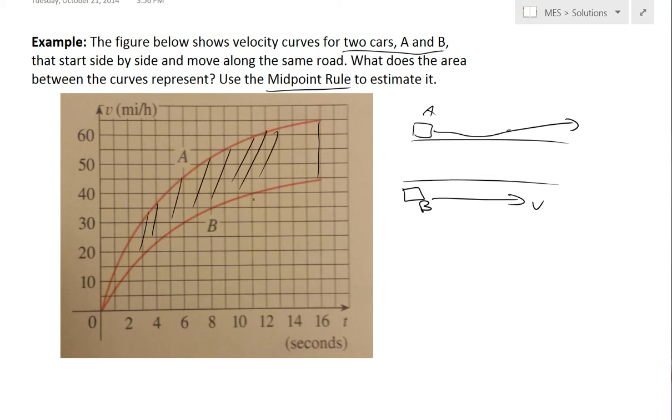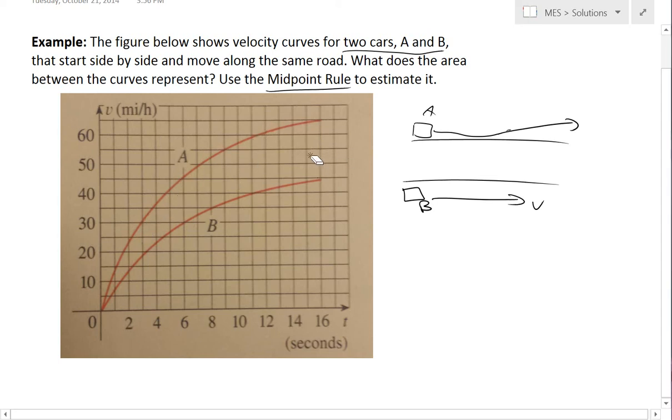Well, like I showed in my earlier video, when we're dealing with velocity, the integral of velocity is distance, or in other words, the area under this curve, for example this B one, is the distance it travels. It's basically this distance right here. So it's distance.